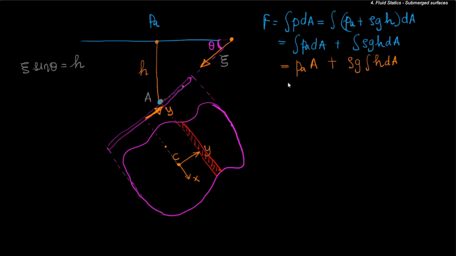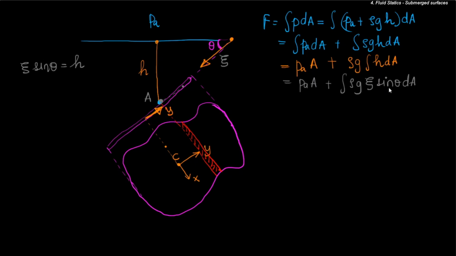So let us simplify this. PA times A plus the integral of rho g times h, and h is xi sine theta, so this becomes xi sine theta dA.